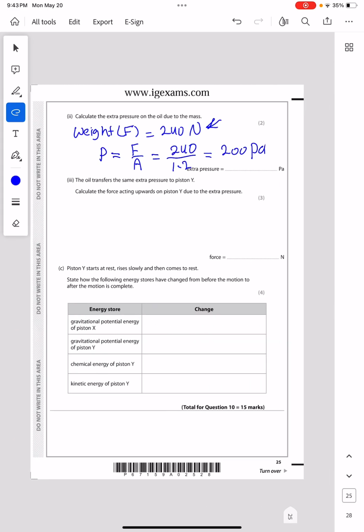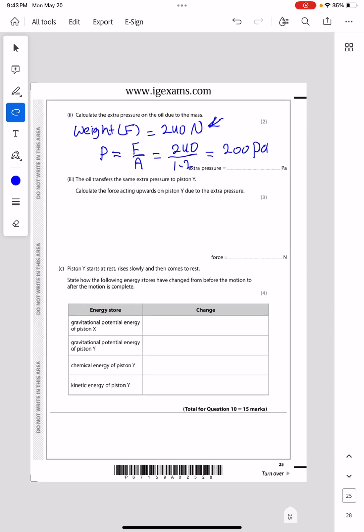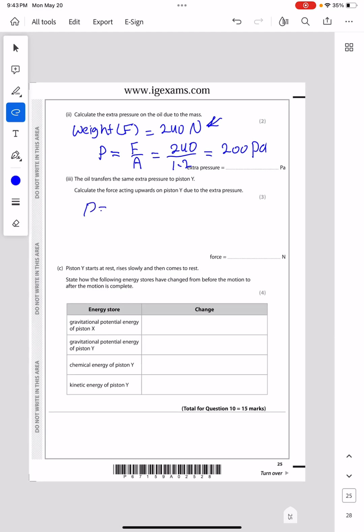And now we're going to see the oil transfers. Calculate the force acting upward on the piston Y due to the extra pressure. We know the extra pressure is equal to what? The extra pressure is equal to 200 from here, 200 Pascal. This is the extra pressure.